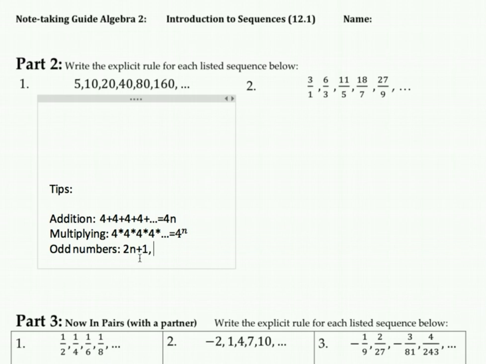Or an odd number sequence could be like 2n minus 1, or it could be like 2n minus 3, etc. So those are all good choices for odd number sequences. The key you'll see to these is experimentation. We're going to be plugging in values to find out if our guess matches the actual sequence we're supposed to be targeting. So experimentation and tenacity are the keys to recognizing sequence patterns.